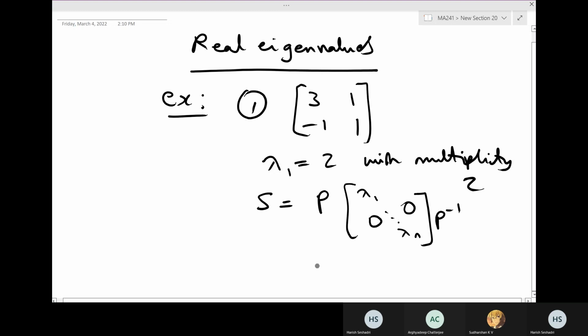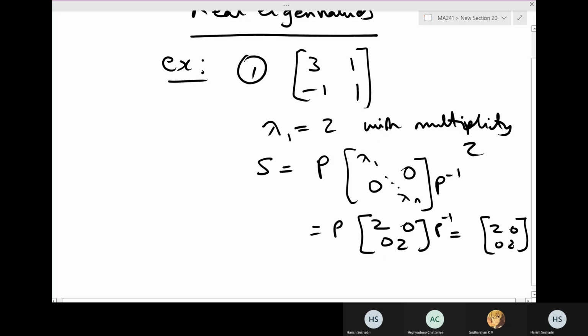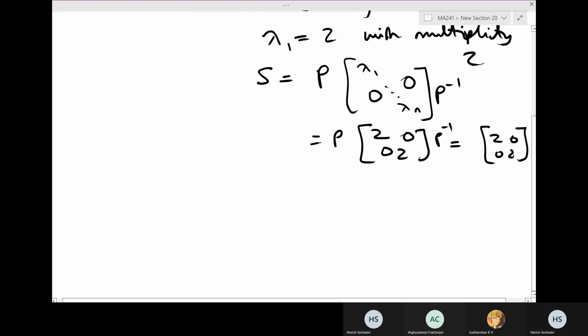In this case, it's just P times 2 times identity times P inverse. So this is just a multiple of the identity. So everything commutes. So I'm just left with the same thing. One doesn't even have to figure out eigenvectors in this case.